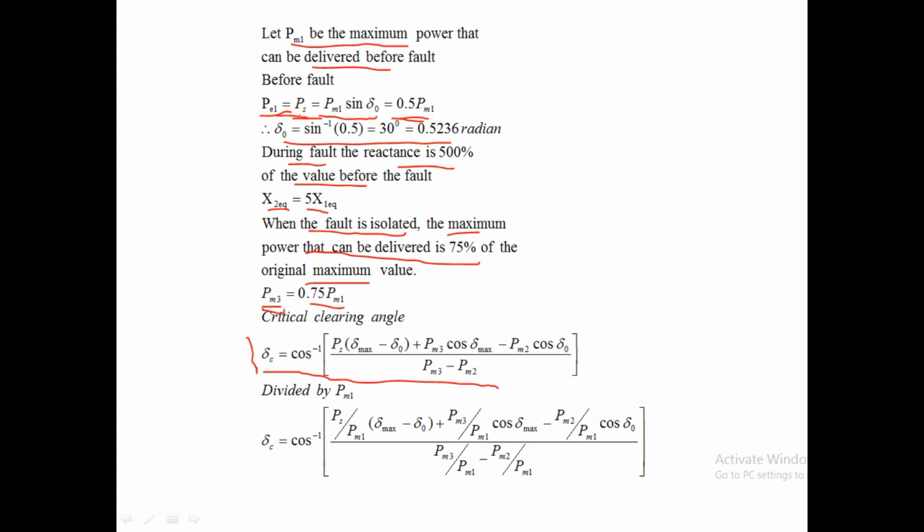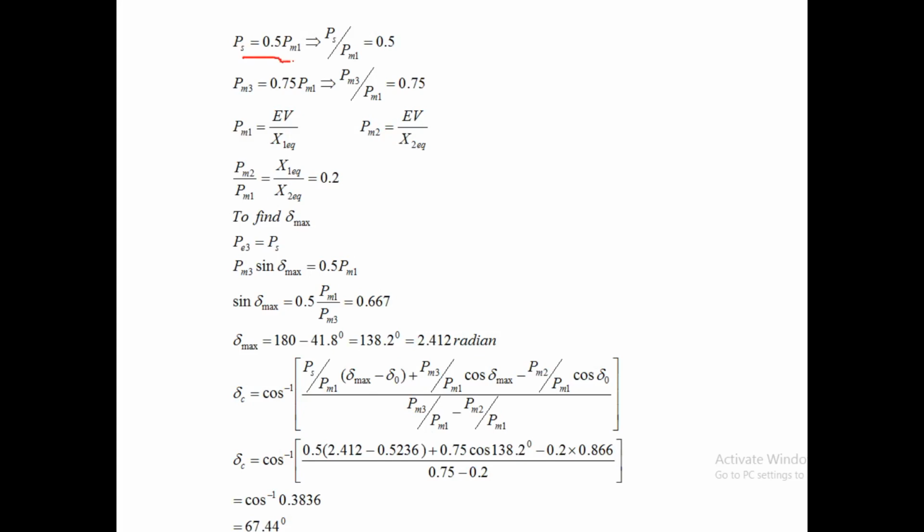PS by PM1 you can find from here, because PS equals PM1 into sine delta 0, delta 0 is 30 degrees, so PS equals 0.5 into PM1 and PS by PM1 is 0.5. Now PM3 is given as 0.75 into PM1 in our question, so PM3 by PM1 equals 0.75, so we got this one also.